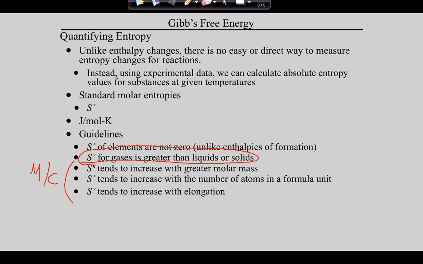They will throw questions at you that say, this reaction goes from liquids to a gas. What is the change in entropy? You've got to understand that gases have higher entropies than liquids or solids, and then liquids more than solids. And guys, by the way, if you see questions like that, you have to establish the fact that it goes gases, then liquids, then solids.